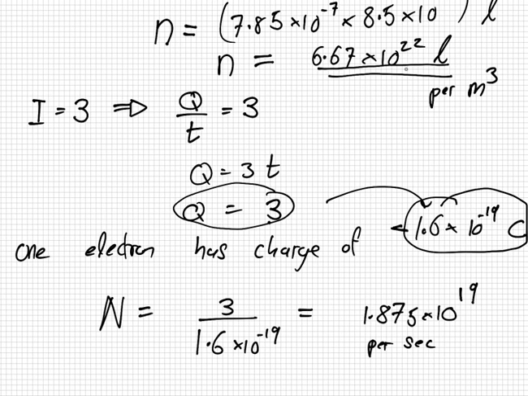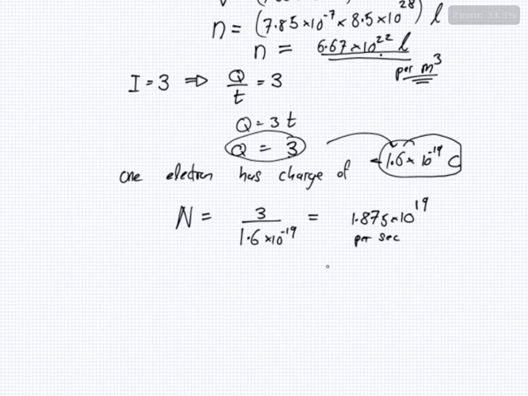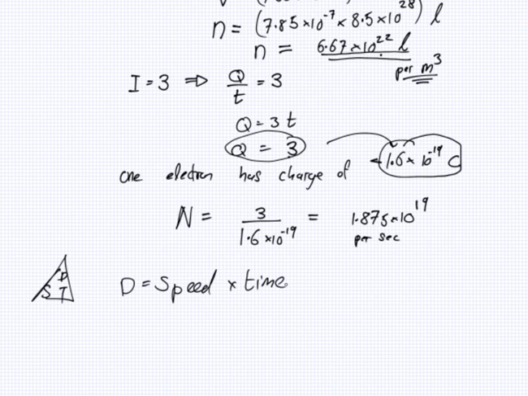How much charge do I have? 3. Okay. Total. So if I want to know how many electrons I have, I should take this number and divide it by this. Let's not worry about the minus just yet. I'll fix that later. So the number of electrons should be 3 divided by 1.6 times 10 to the minus 19.